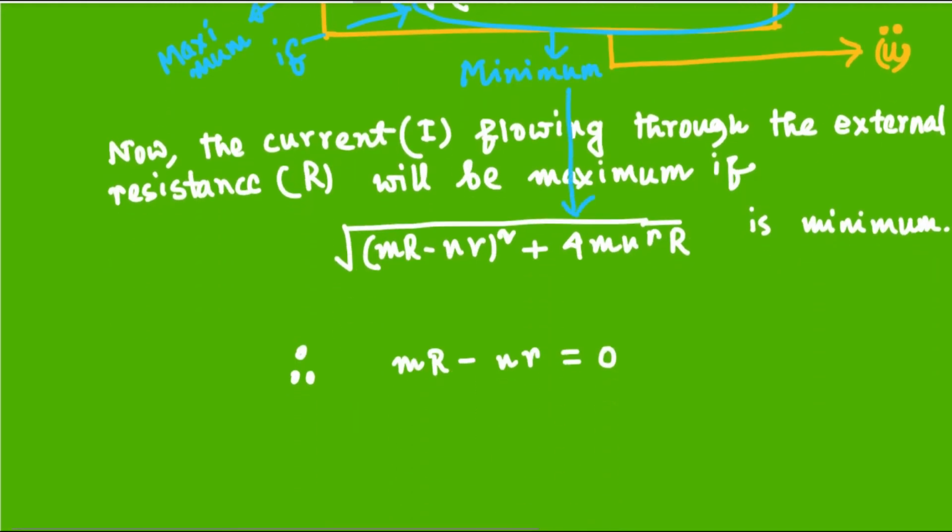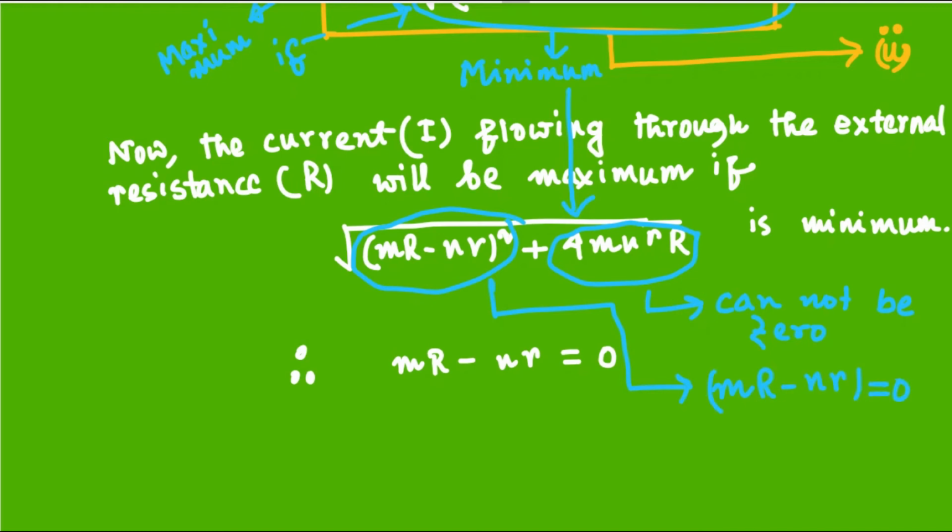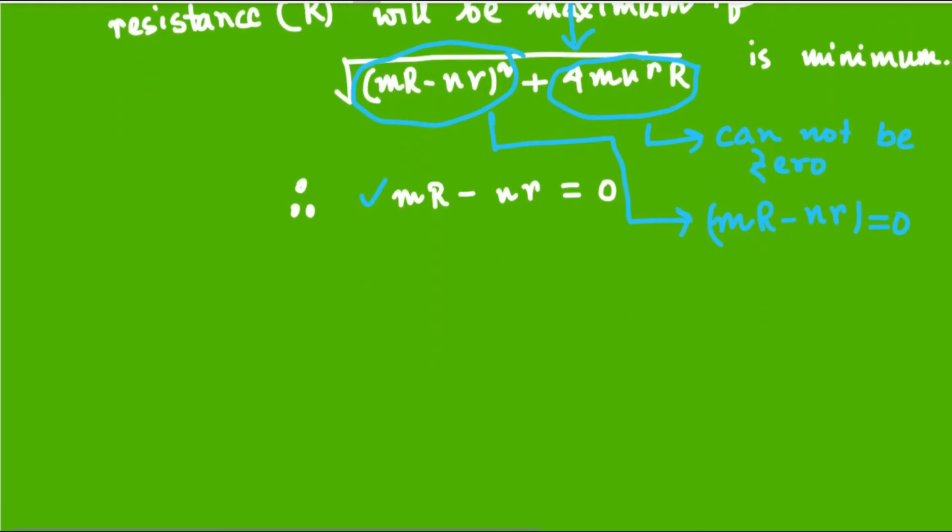Now 4 mnrR cannot be 0, hence the difference of two quantities may be 0. That's why mr minus nR is 0 for obtaining maximum current. For having the denominator minimum, mr minus nR will be 0. Hence, mr minus nR equal to 0. Therefore, mR equal nr.